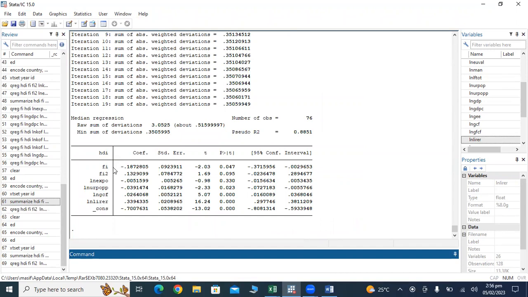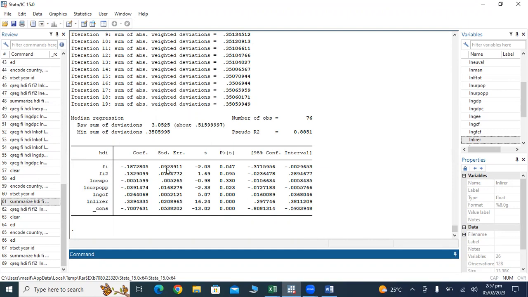This is the level coefficient of financial inclusion and this is the quadratic coefficient of financial inclusion. It shows that a 1 unit increase in financial inclusion at the level, HDI declines by 0.8, and for FI square, a 1 unit increase at a higher level of financial inclusion increases HDI by 0.13 units.